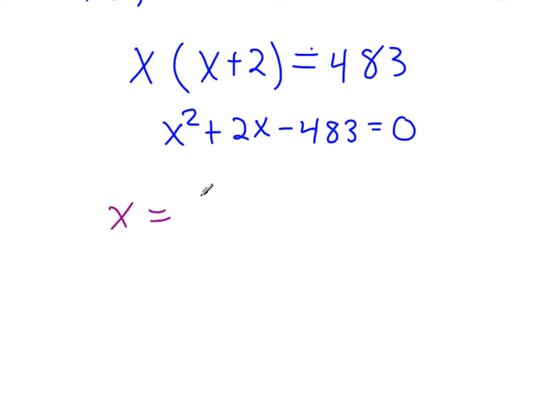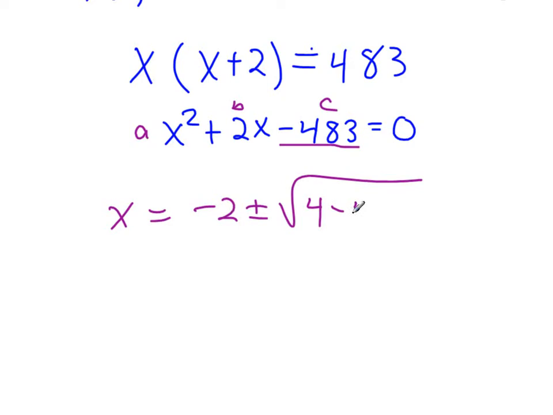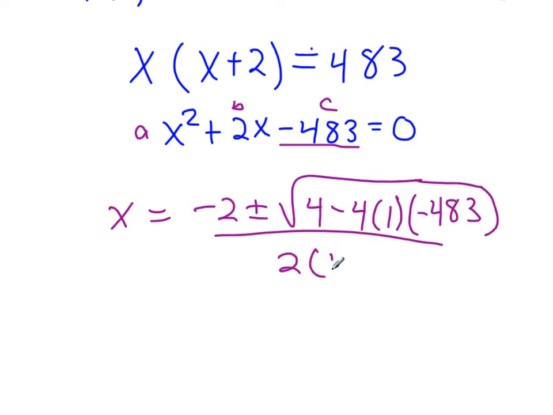So we're going to do the opposite of the b term. So a is 1, b is 2, and c is negative 483. So opposite of b, plus or minus, square root, b squared, 2 squared is 4, minus 4, a is 1, and c is that ugly number, all over 2a.